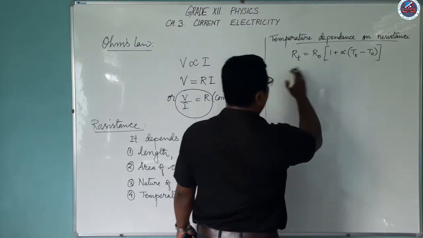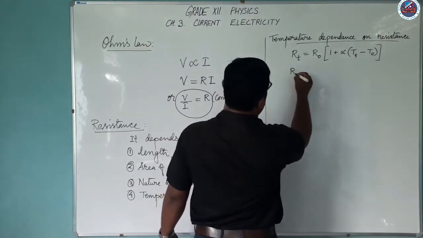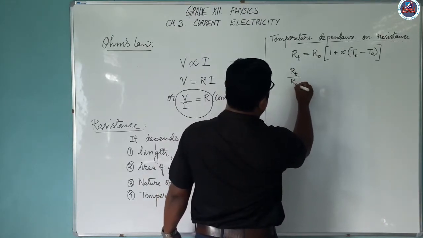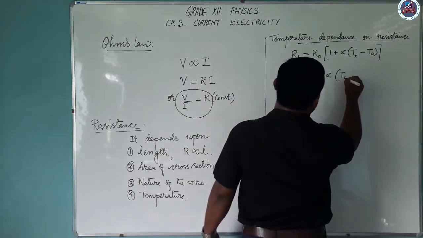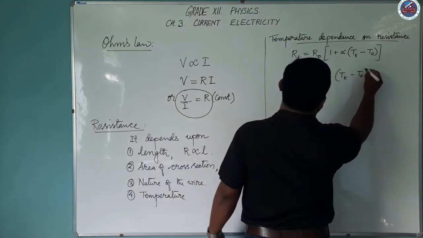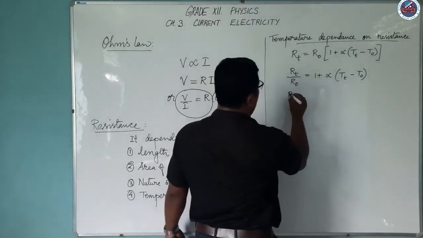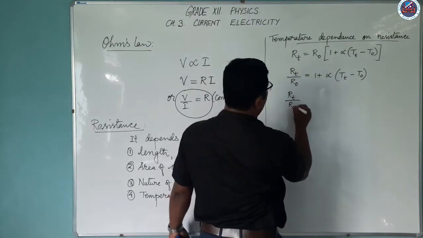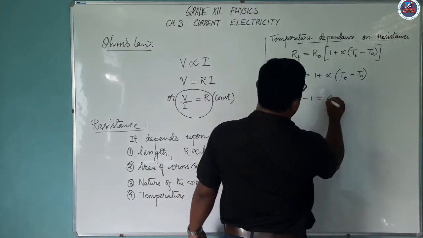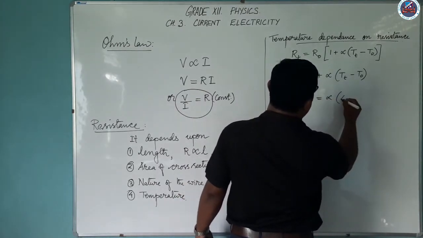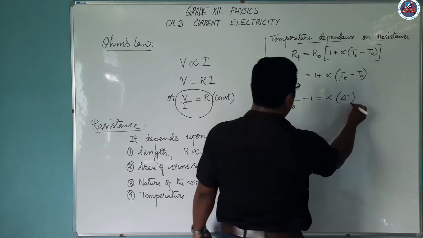Here if you rearrange them, RT divided by R naught is equal to 1 plus alpha (T minus T naught). RT by R naught minus 1 equals alpha delta T, where delta T is the change in temperature.